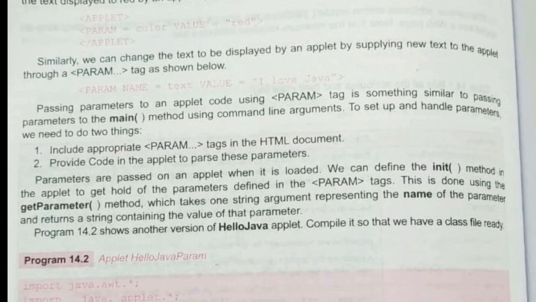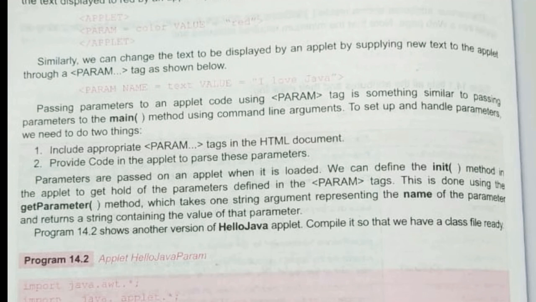Parameters are passed to an applet when it is loaded. We can define the init method in the applet to get hold of the parameters defined in the param tag. This is done using the getParameter method, which takes one string argument representing the name of the parameter and returns a string containing the value of that parameter.